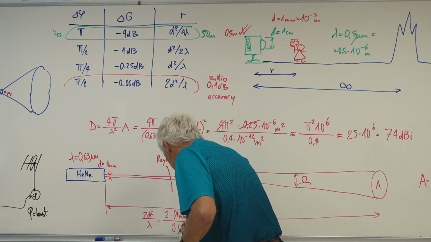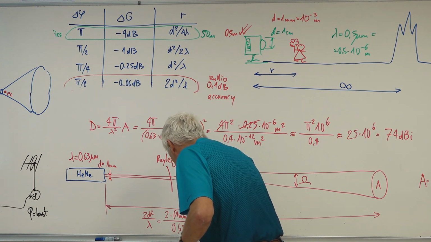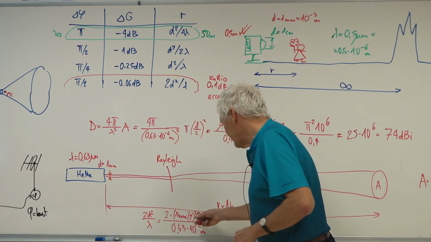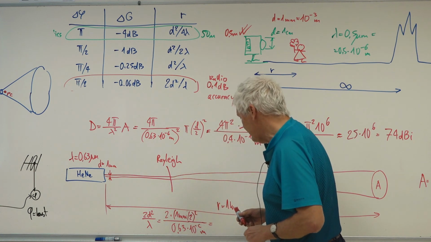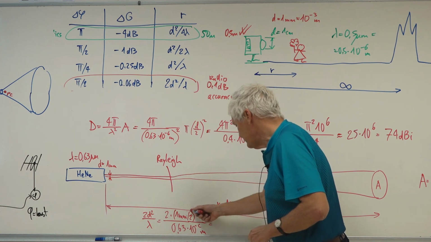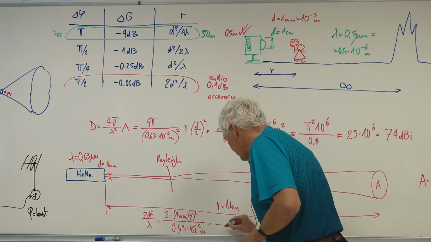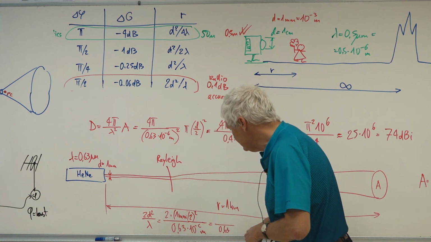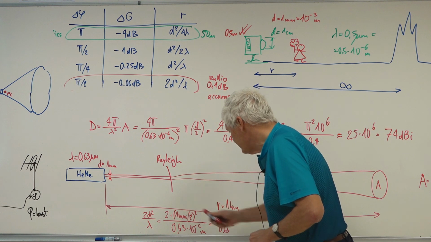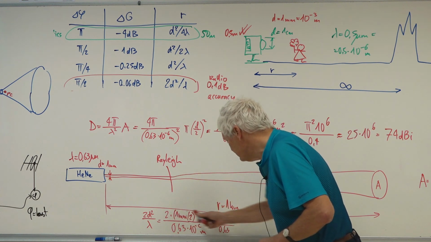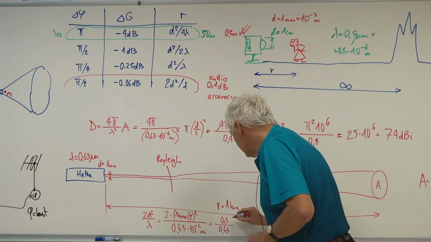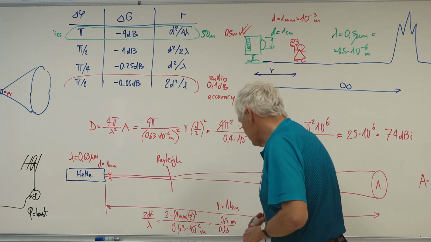Lambda is 0.63 times 10 to the minus 6 meters. On top, 1 millimeter is 10 to the minus 3 meters, squared is 10 to the minus 6, and 10 to the minus 6 cancels out. It's 0.63 in the denominator. On top it's twice, 2 divided by 4, is 0.505. The unit is meters here.